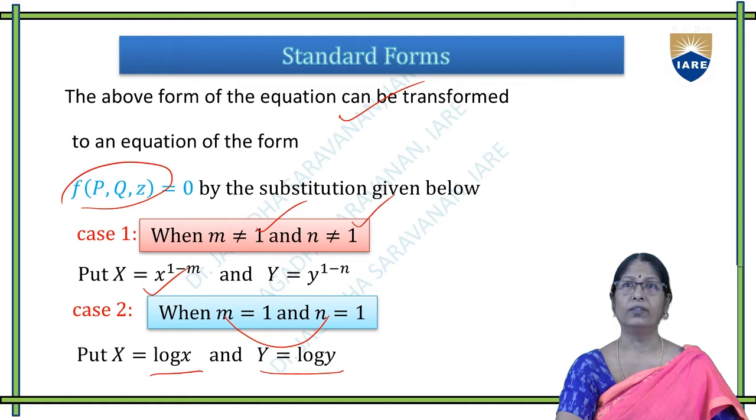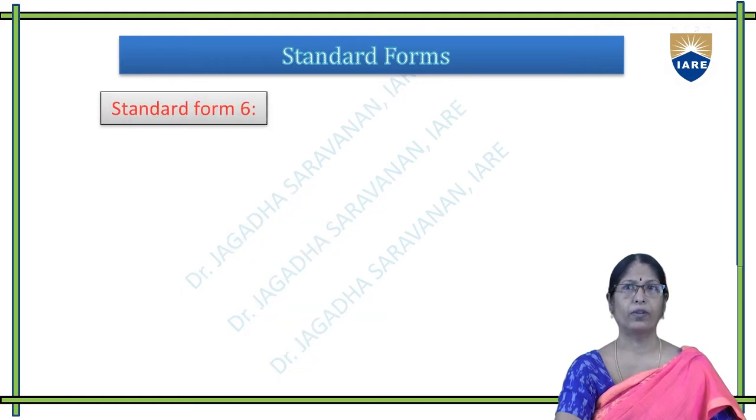One thing to keep in mind is that x having the power, standard form 5 can be reduced to standard form 2 by assuming capital X and capital Y, in two cases: equal to 1 and not equal to 1. Now we will move to standard form 6.